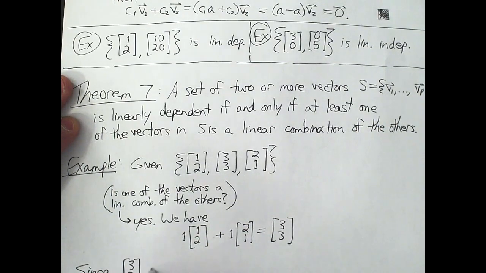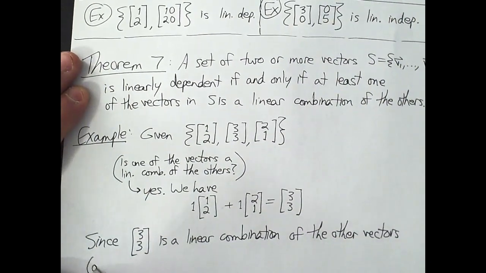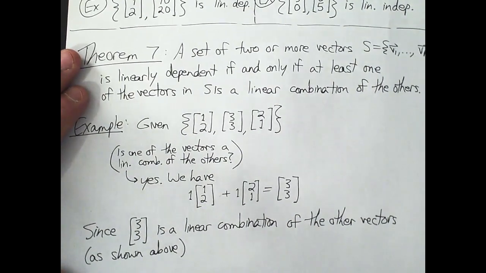Since (3, 3) is a linear combination of the other vectors, as shown above. This is me trying to justify my work, justify my answer, explain why my answer is what it is.